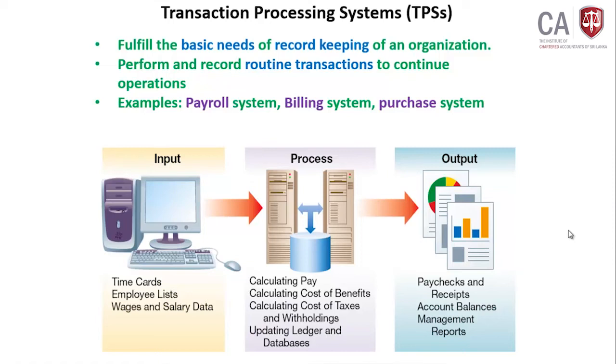So, perform and record routine transactions to continue operation. There are different routine transactions, let us say the HR system. There is an attendance machine, and from the attendance machine the fingerprint record will be coming.